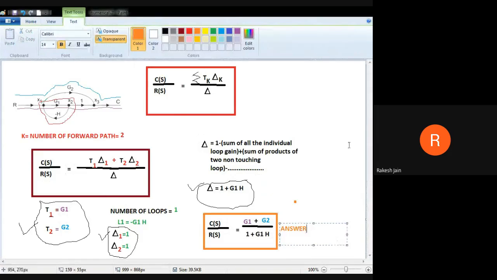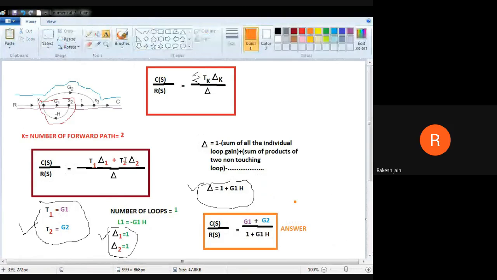So this numerical is also ended. Okay, with the help of a signal flow graph, a very common strategy is to follow the step-by-step procedure. First, once again I repeat and then end today's class. With the help of a signal flow graph, we can also find the transfer function of any system like the block diagram reduction technique, but here we use Mason's gain formula, which is the sum of Tk del k upon del, where the value of k depends on the number of forward paths.